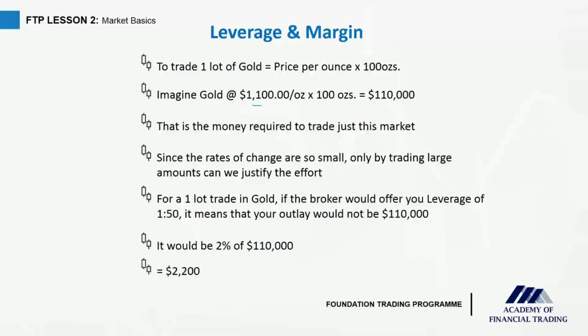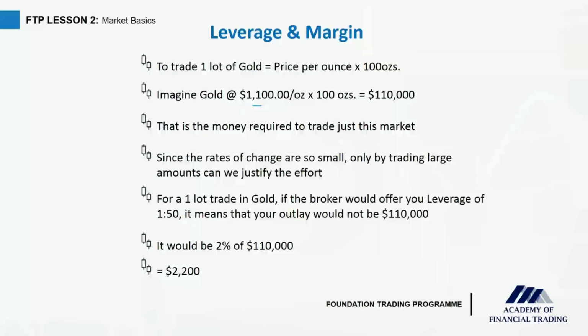So they would only look for you to place on deposit with them $2,200 in order to trade $110,000 of gold. Does that make sense? Do you understand how that rate of leverage gives you access to a substantial trade? Okay? Are we okay with that?